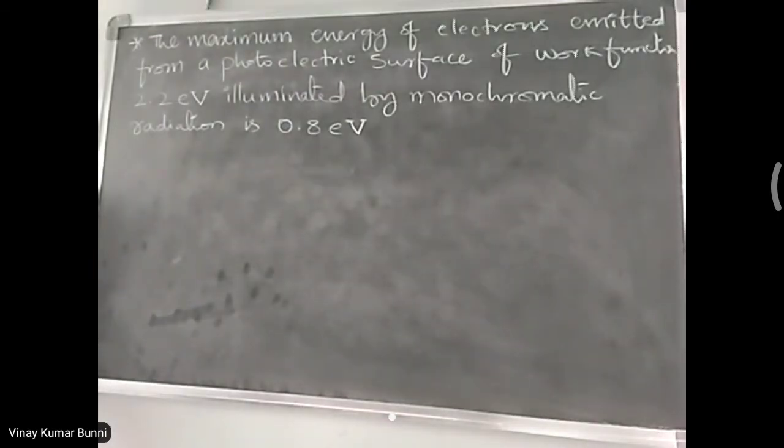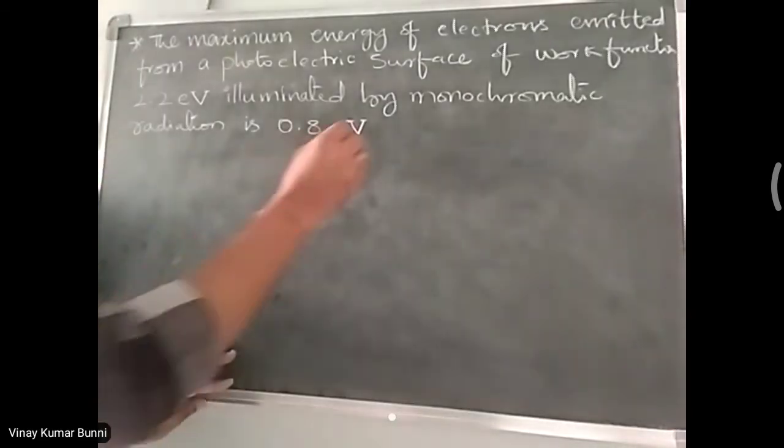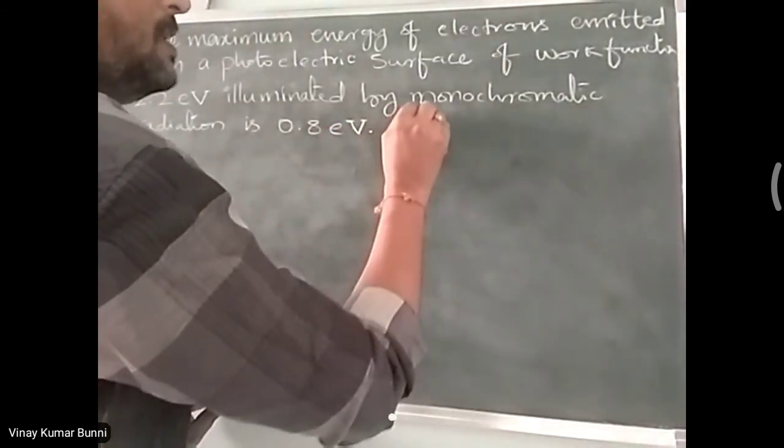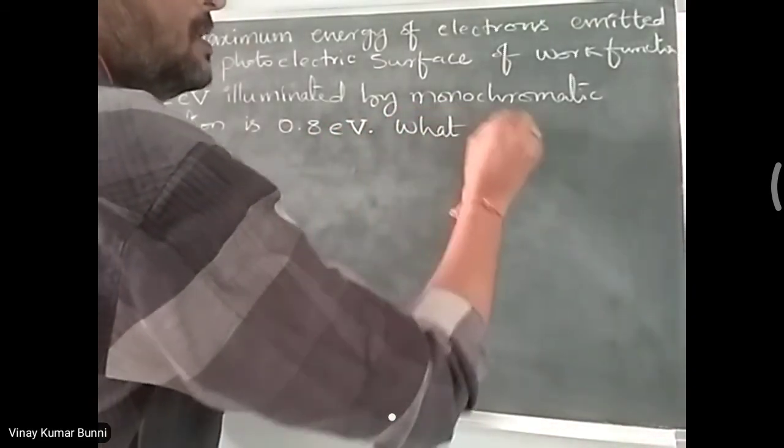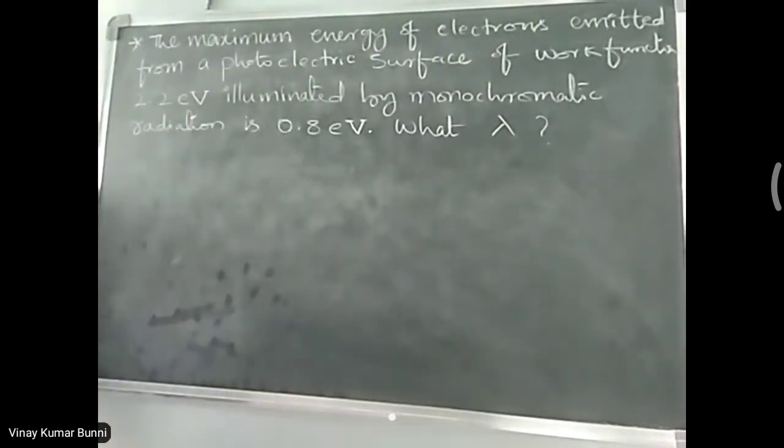And what is the wavelength of light incident on the surface? So what is wavelength, that is lambda, it is asking for lambda.